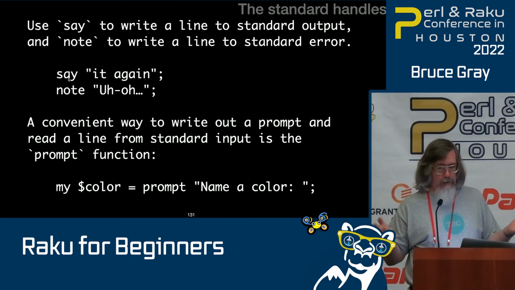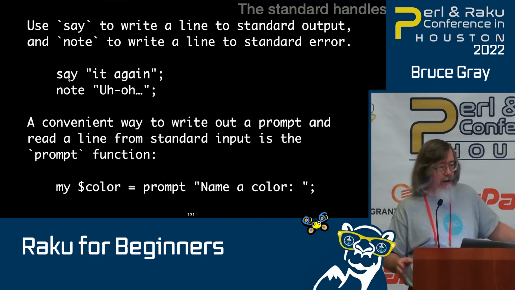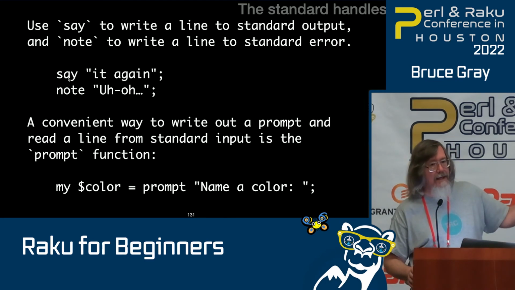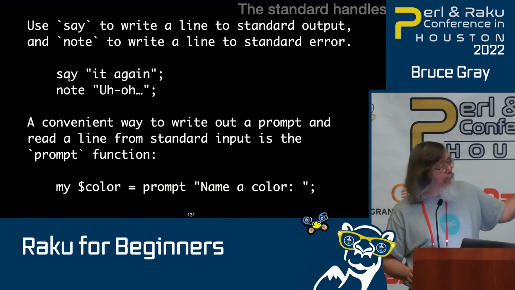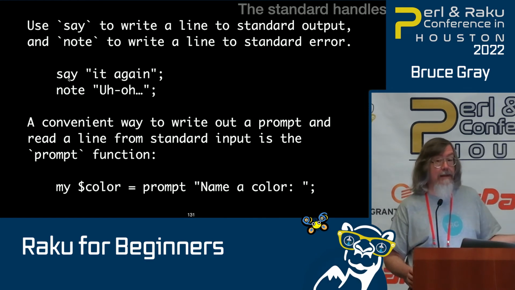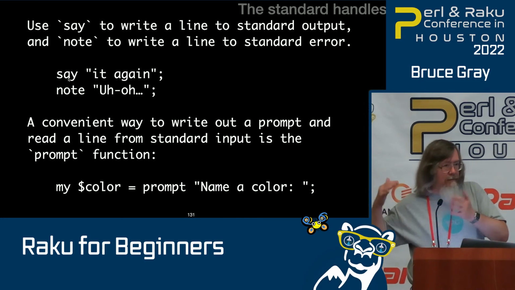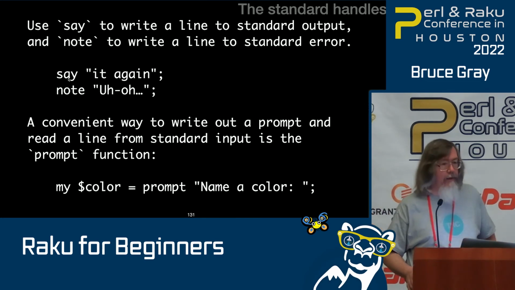Like, if you create an object type and what the default stringification looks like isn't informative enough, you can create your own method and say, this is what it should look like if somebody says say to it. Say invokes gist. Put stringifies instead. And some things, that's a significant difference between stringification and running gist on it.